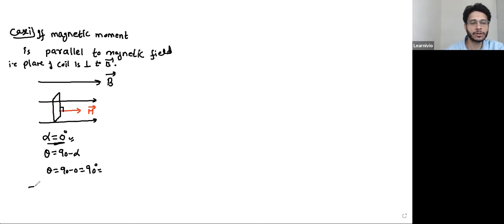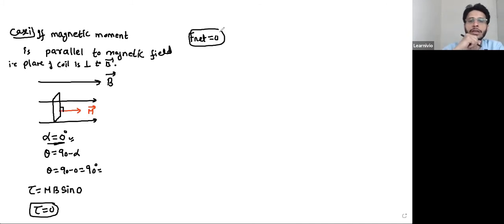Now if I calculate torque, the torque comes out to be mB sin 0. Your torque comes out to be 0, and in uniform magnetic field, net force is always 0. That means your coil neither can rotate nor it can move in a straight line.